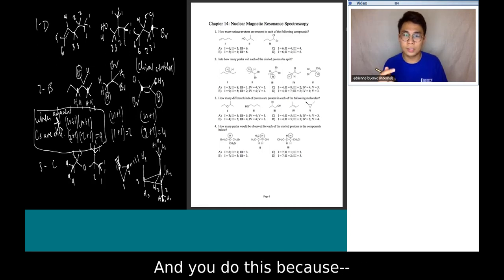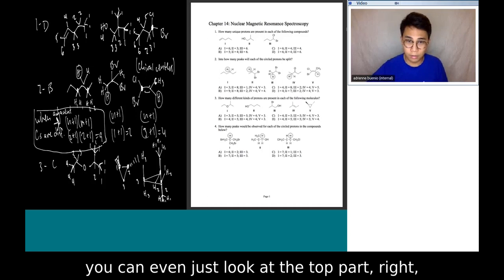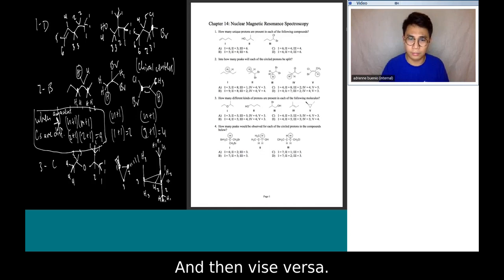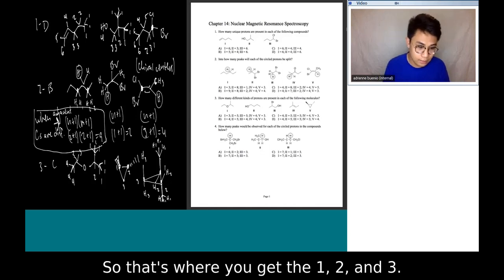And you do this because you can even just look at the top part, right, and see that this is different from this one, right, and then vice versa. So things like that. That's where you get the 1, 2, and 3.